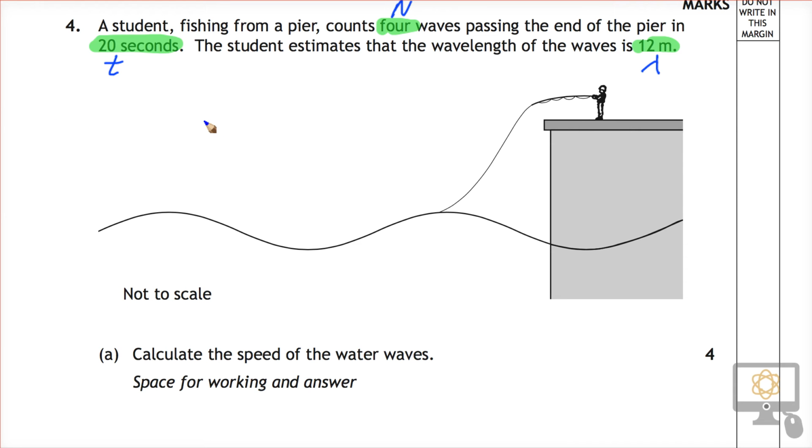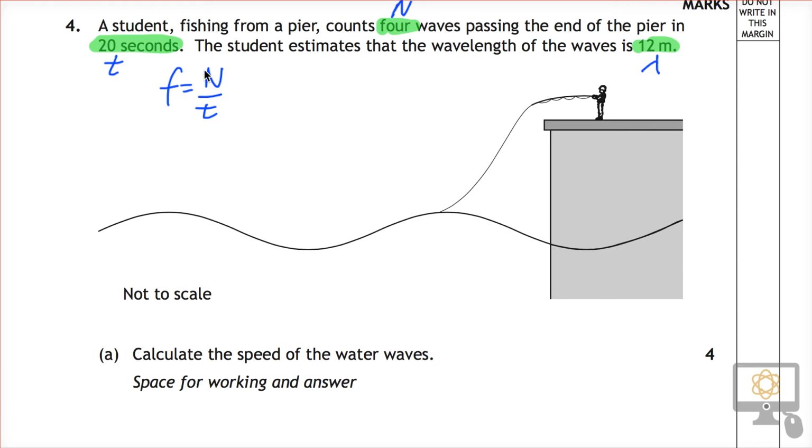So the way I would do it is I would read this question and say, well, if there's 4 waves in 20 seconds, I'd like to know what is the frequency of the wave. And the frequency of the wave, of course, is the number of waves in 1 second. And that is given as f is equal to n over t.